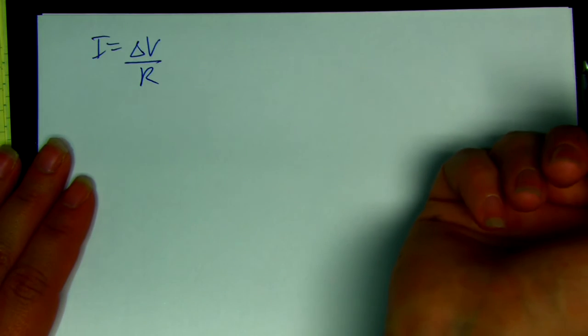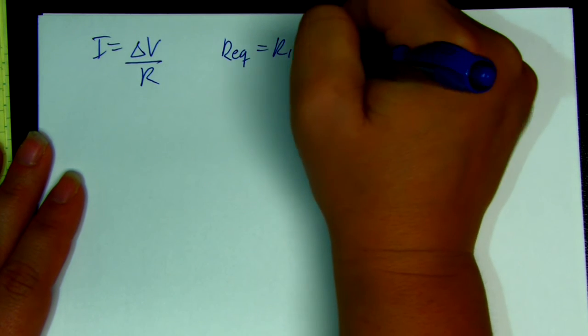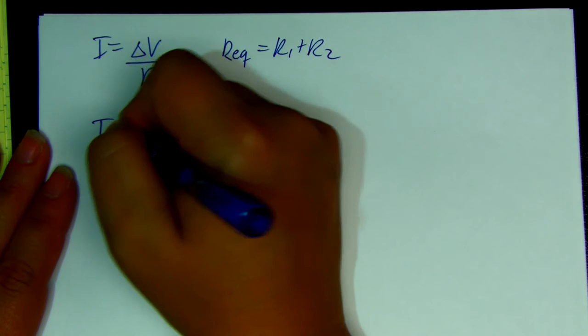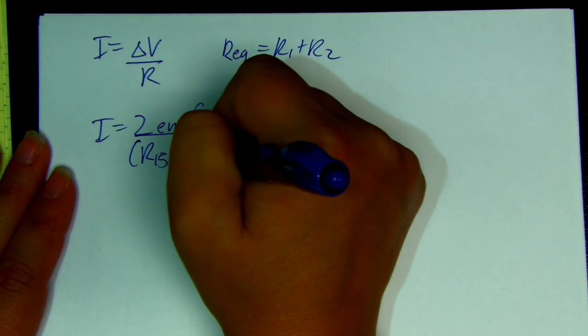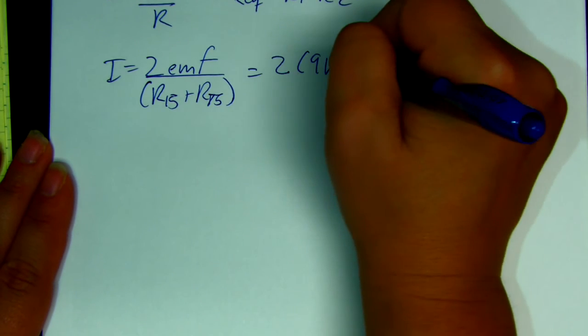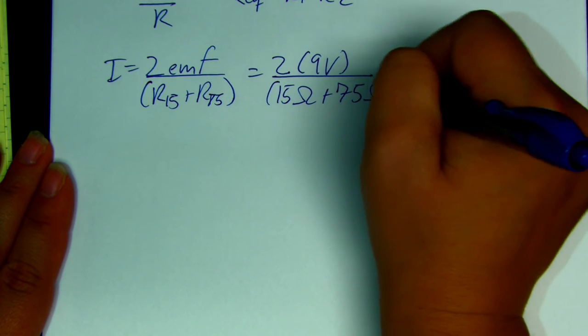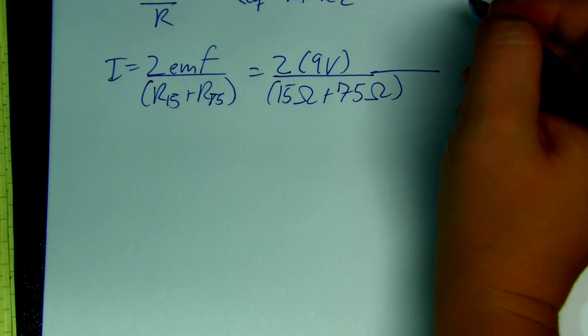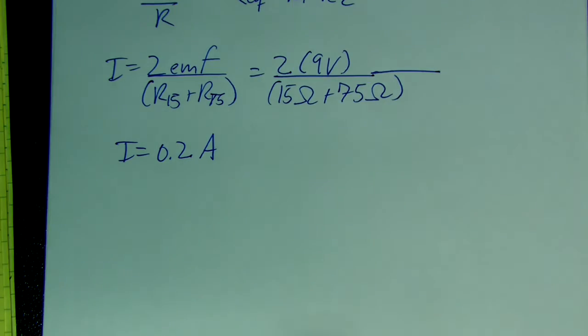So I is equal to delta V over R. In this case, we've got two resistors in series, so our R equivalent is going to be R1 plus R2. We'll just plug that in: I is equal to twice the EMF over R15 plus R75, which is equal to twice 9 volts over 15 ohms plus 75 ohms. So I is equal to 0.2 amps.